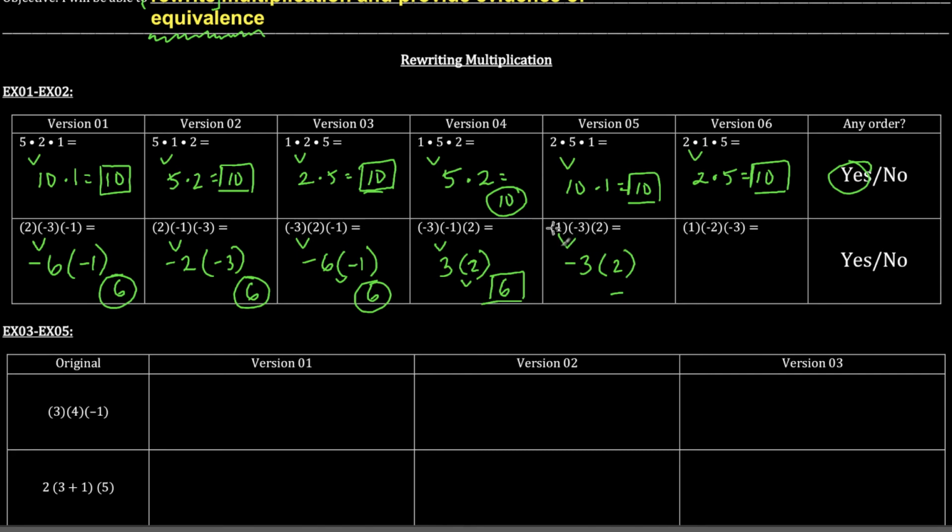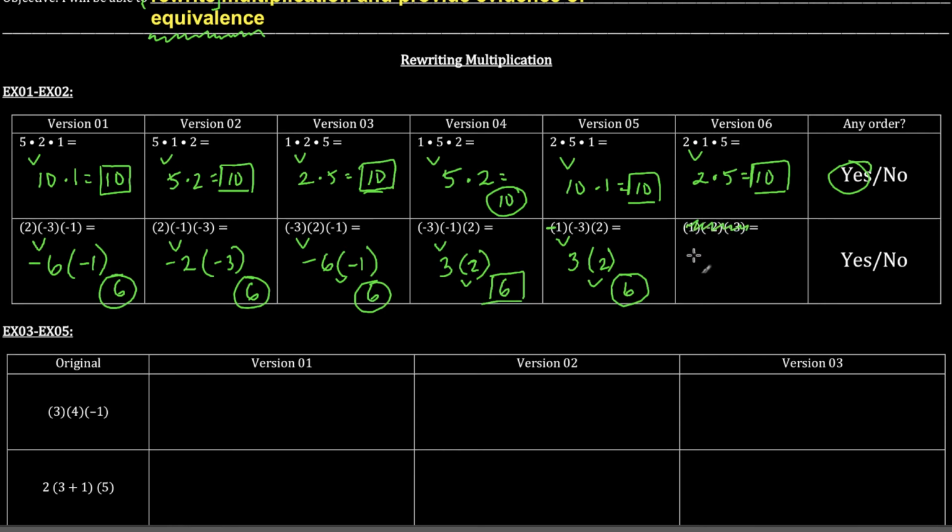Oh, I accidentally made this one positive. That needs to be negative. So I'm going to back up. That 1 needs to be negative. So a negative times a negative is a positive. 3 times 2 is 6. Cool. So the 3 and the 1 are negative.